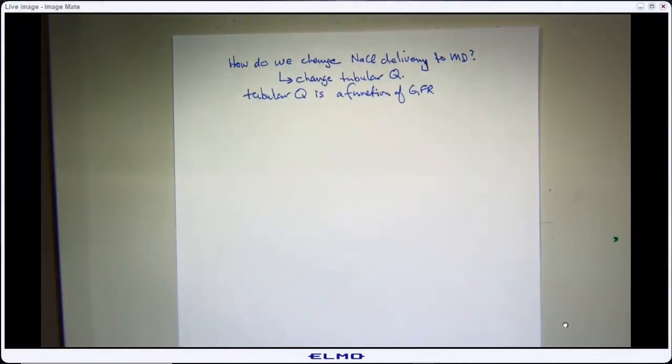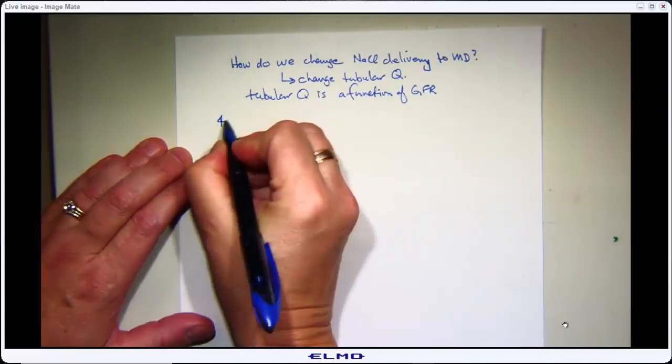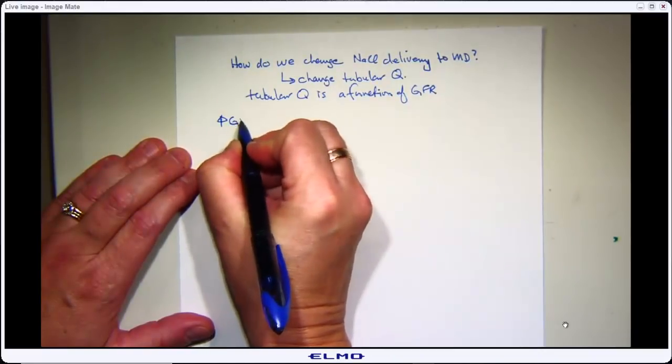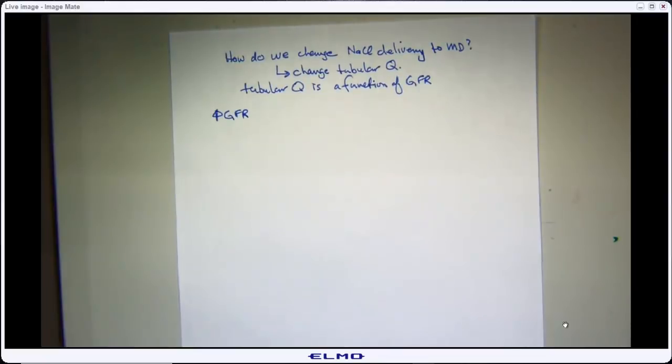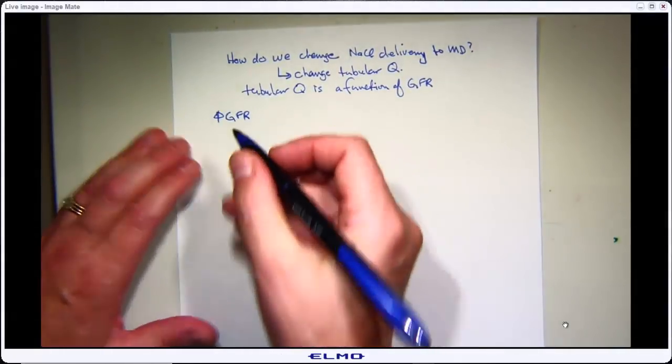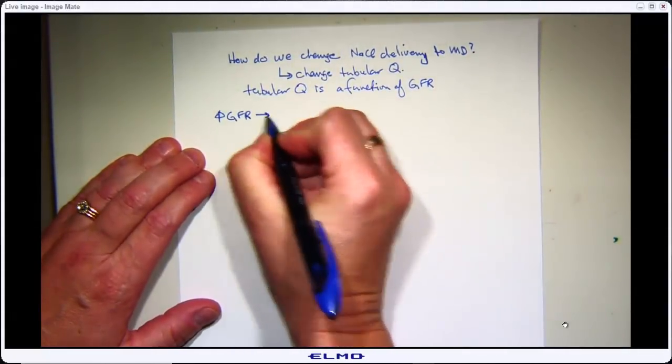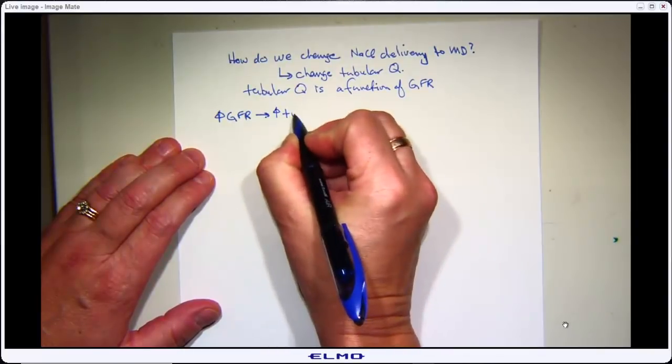So tubular flow is going to be a function of GFR. Let's go through an example. Let's say I were to increase GFR. And we've been doing this a lot. Anytime we change pressure in that glomerulus, we change filtration, we change GFR, and we're going to change tubular flow. So if I increase GFR, I'm going to increase tubular flow.